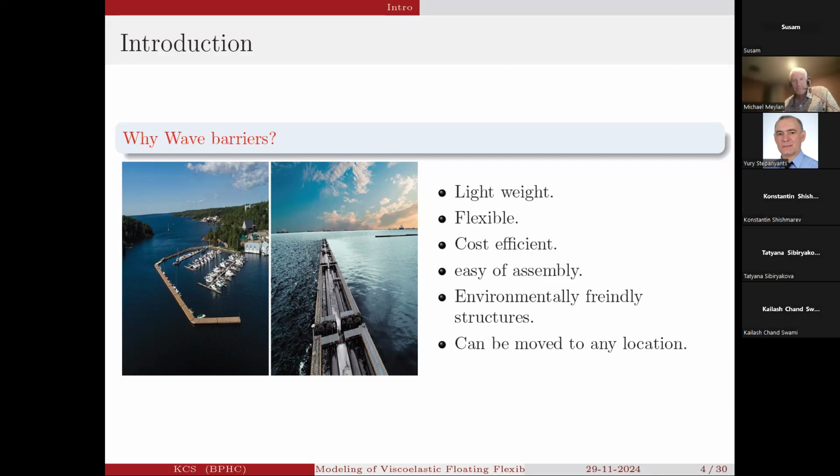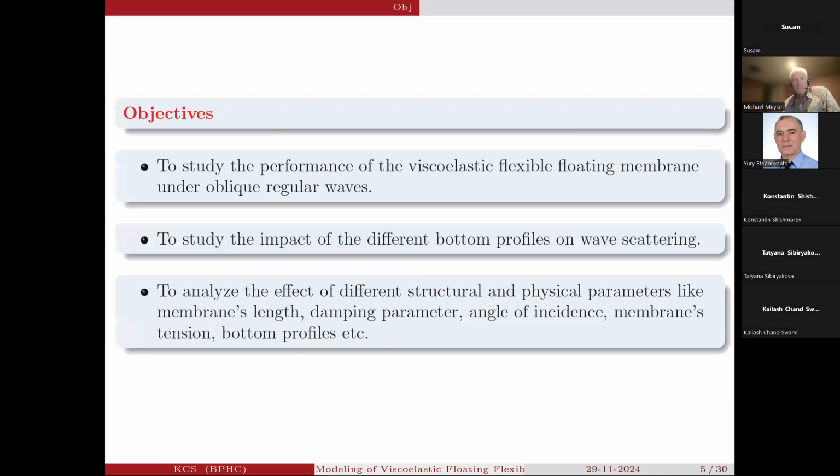For this study, these are the objectives. The performance of a stochastic flexible floating membrane is studied under oblique regular waves.